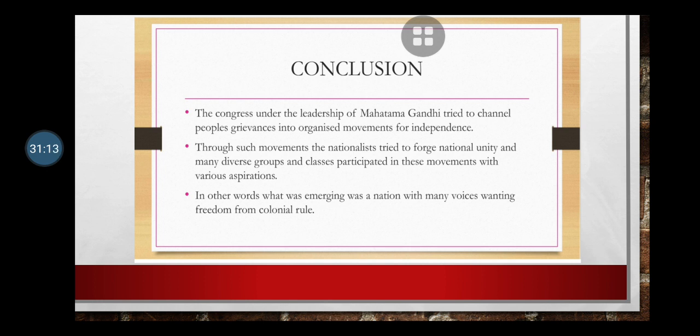This was the fear that was created among the Muslims. They were also very unhappy with the sudden calling off of the non-cooperation movement by Mahatma Gandhiji, so they decided to stay away from the civil disobedience movement.